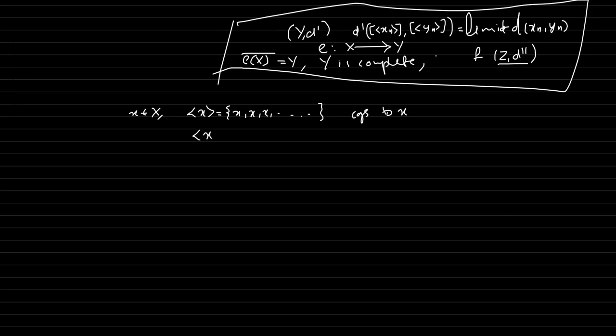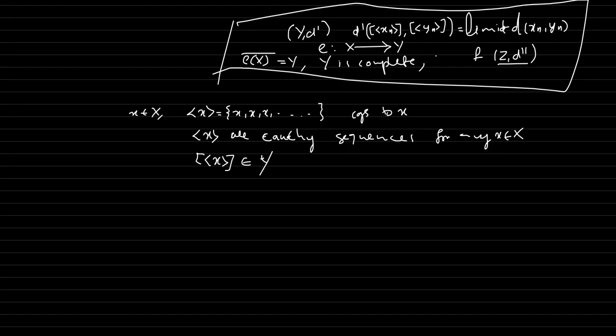Therefore, constant sequences are always Cauchy sequences for any x in X. So there will be a class represented by this Cauchy sequence in what? In Y.